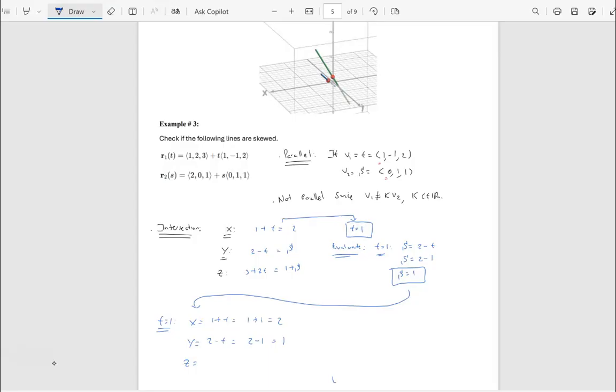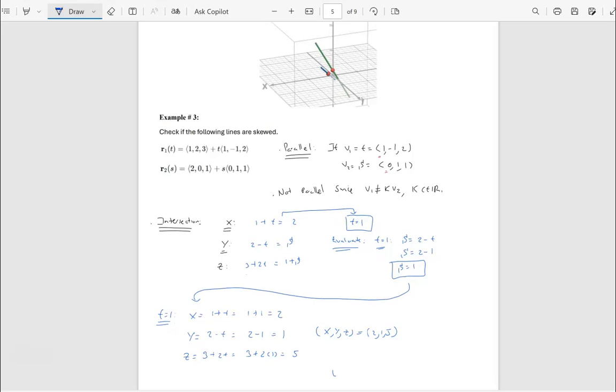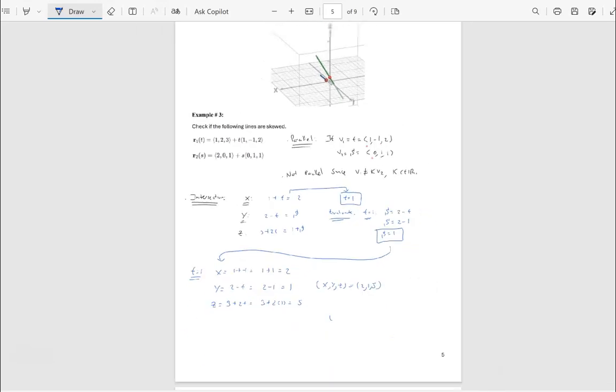And then your z value is going to be 3 plus 2t, or 3 plus 2 times 1, which is going to give us 5. So in this case, you would have concluded that your coordinate point happens to be 2, 1, 5. Now here's the problem. You have to check, since you're assuming there's an intersection, that when you plug in your second value for s, which in this case we're getting 1, that you also have the intersection.